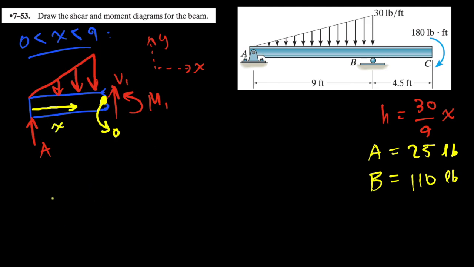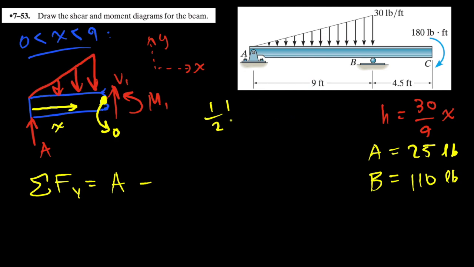So now we can solve the summation of forces and summation of moments for this diagram. The total summation of forces is A, minus, we need to find an expression for the contribution of this distributed load as a function of x. That's the whole point of the shear and moment diagrams: we're trying to see how the beam is being affected by these loads. So what was the equation for the load of the triangle?